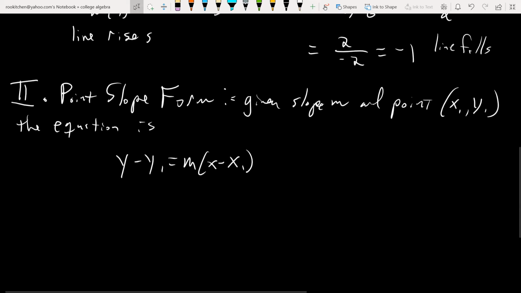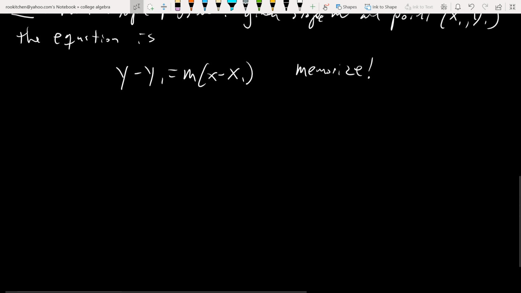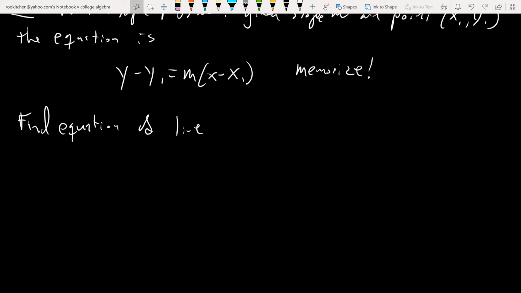Okay, so memorize this. And what the book is going to do is give you some information, and you have to create the equation of a line. So find the equation of the line in slope-intercept form.